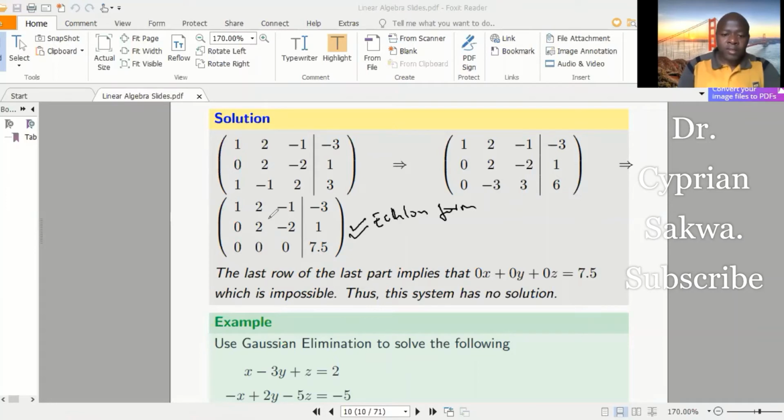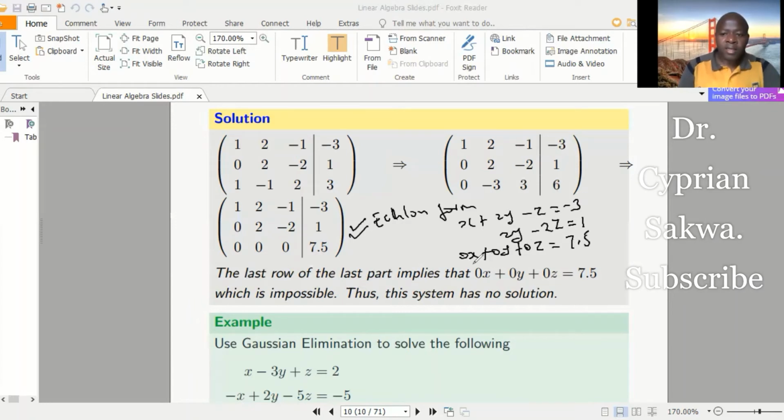Now, we write what we understand by these equations, and I understand that since it was x, y, z, this would be x plus 2y minus z is negative 3, and this would be 2y minus 2z would be 1, and this would be 0x plus 0y plus 0z is 7.5.